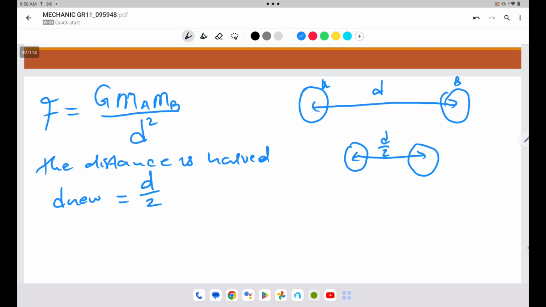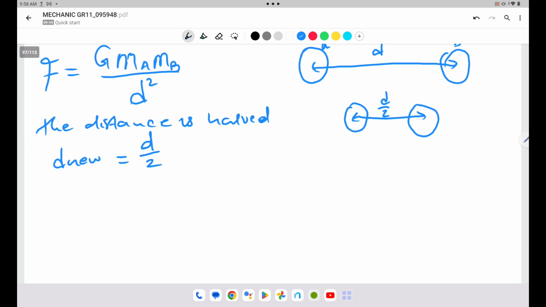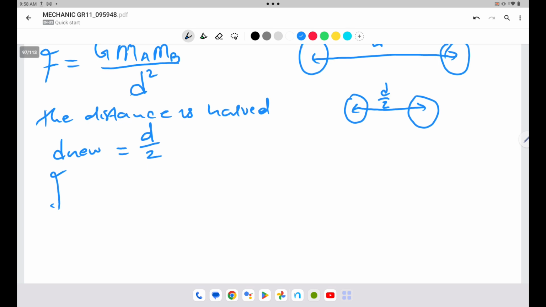And we know from the equation that when this distance decreases, the gravitational force will be larger. But let us see by what factor the gravitational force will increase. So the new force will be G. The mass wasn't changed. Mass of A, mass of B, divided by the distance R now.